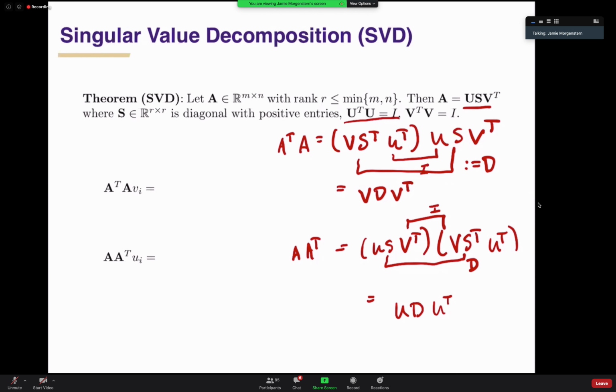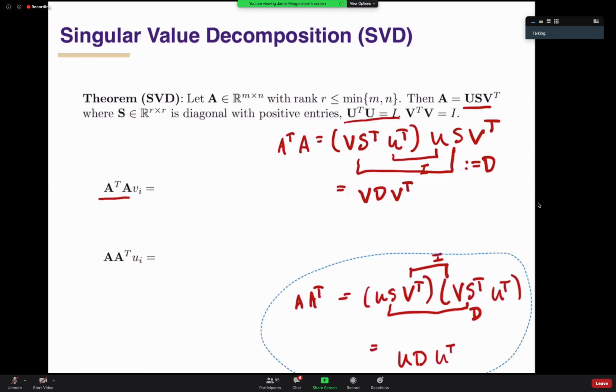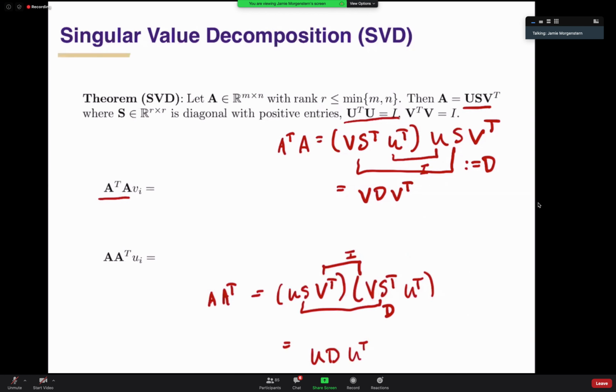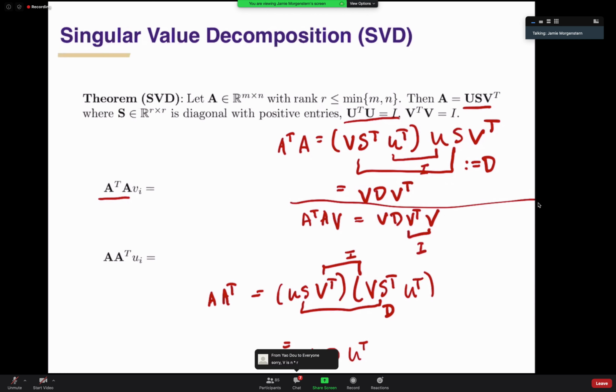So we've already computed A transpose A. If I were to compute A transpose A V, that's just equal to V D V transpose V. And V transpose V is equal to the identity, because V has rows and columns which are orthonormal. So this is equal to V D, okay?